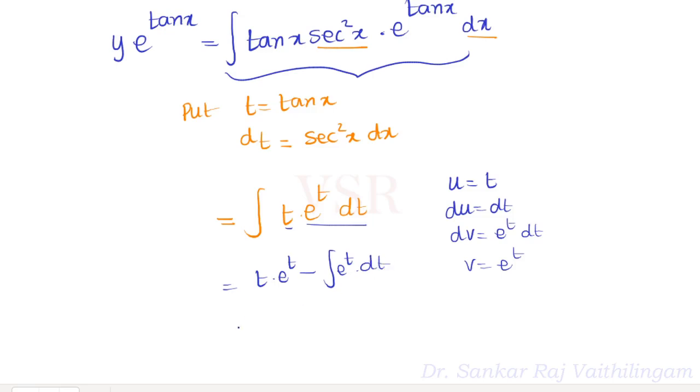So this is equal to t e to the power t minus e to the power t. Okay, so that is equal to t minus 1 into e to the power t.